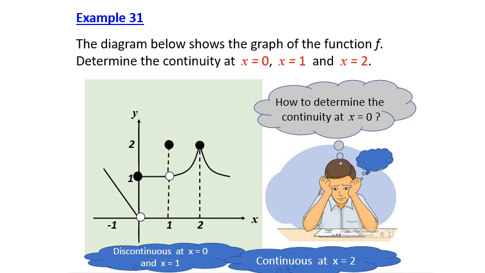As you can see at 0 here, it is discontinuous, because even though it is defined here, this filled circle, if you check the left and right hand limits, they are different values. So since the limit does not exist, we already failed the second condition. First condition okay, second condition failed. So since this one failed, we confirm discontinuous.